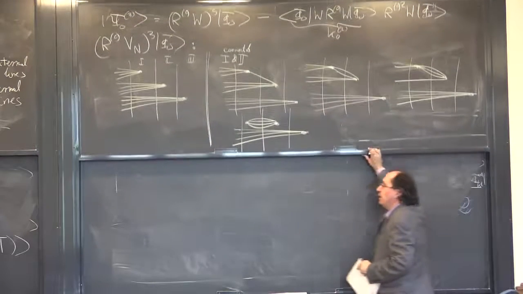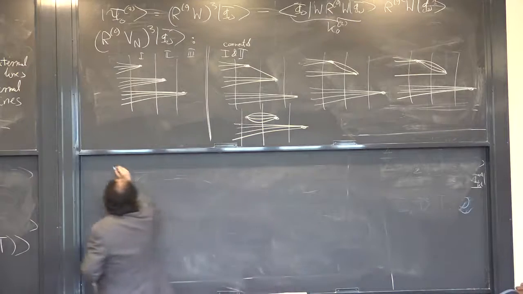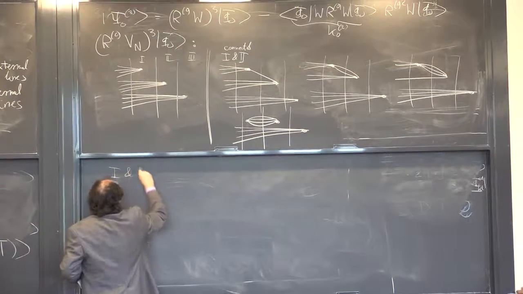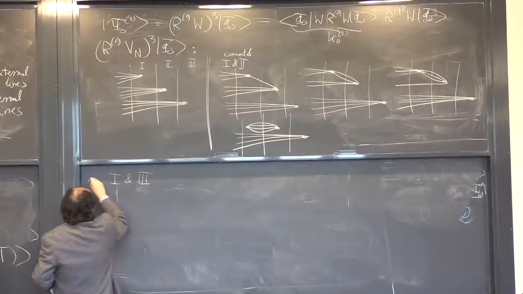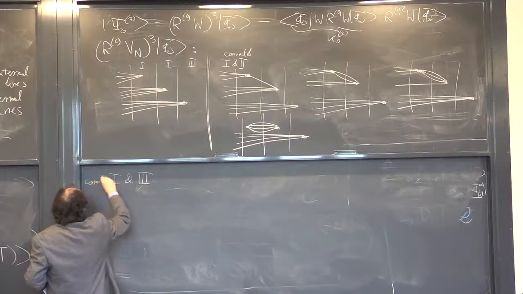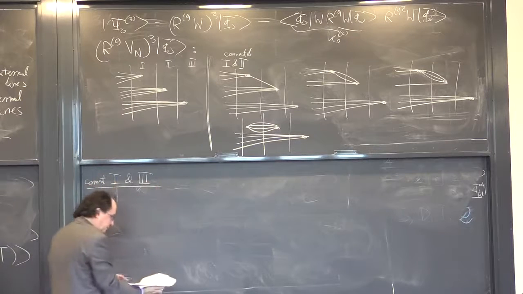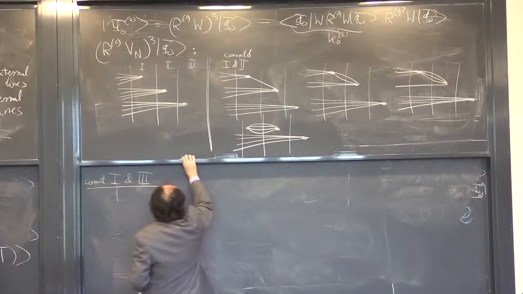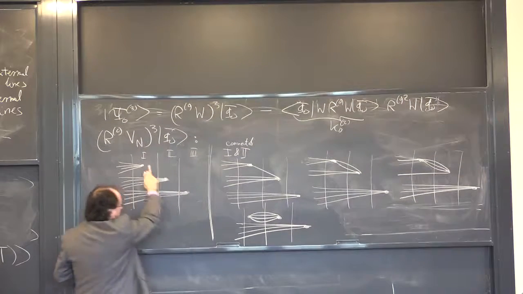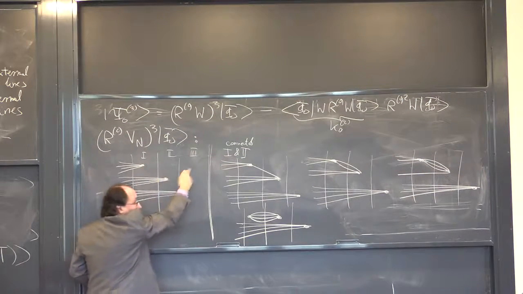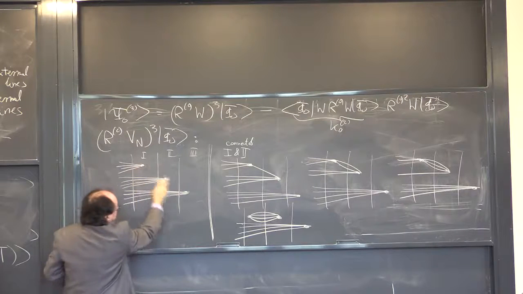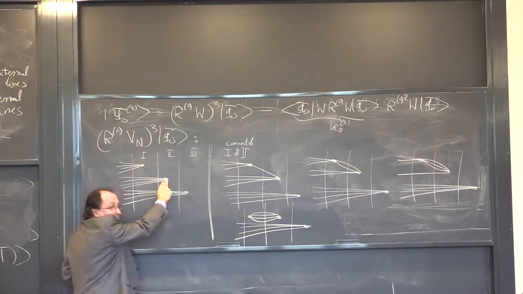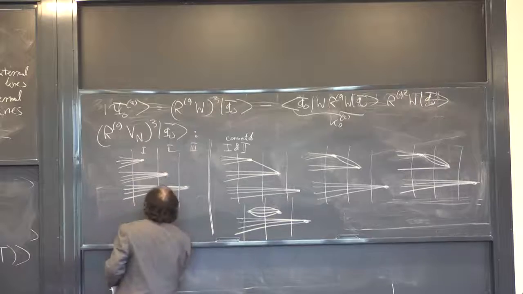Well then, let's look at cases where we're connecting 1 and 3. I'm using this notation, 1, 2, 3. I have to connect this one and that one, and keep this one disconnected from the other two.